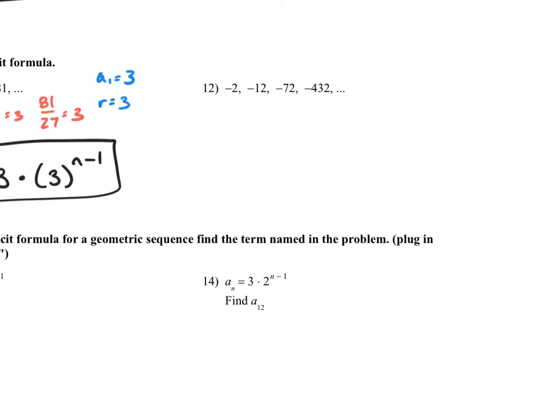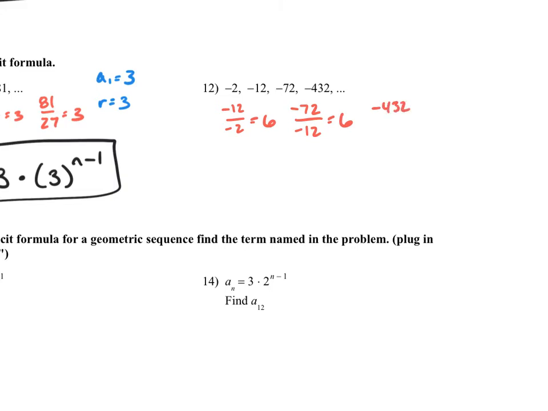All right, number 12. Same idea here. You've got negative 2 to go to negative 12. So to figure out what r is, we've got to take it and divide them. I got positive 6. Same thing with this next one. Negative 72 divided by negative 12 is 6.